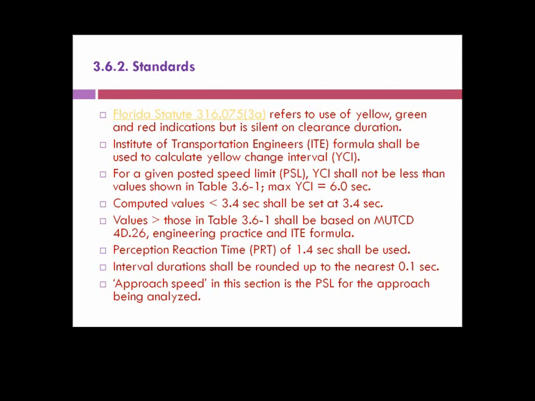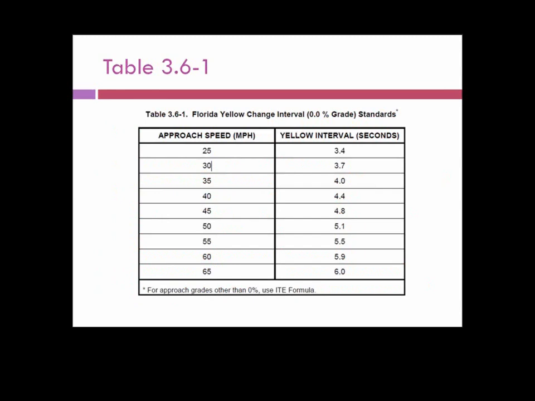Of course, as I indicated before, the approach speed being referred to is the posted speed for the approach being analyzed. So here is table 3.6-1 from the Traffic Engineering Manual. And you will notice the approach speed in the left column and the yellow change interval in the right column. All of them are to the first decimal point.